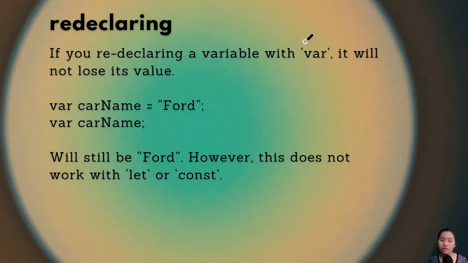Let or const is a bit more specialized. var is more forgiving. So I have an example, var car name equals Ford. And if I redeclare it again with car name, it is still going to be Ford if I print this out. Okay? However, if it's let or const, you're going to have a different value altogether, or you may have some errors that go with it.